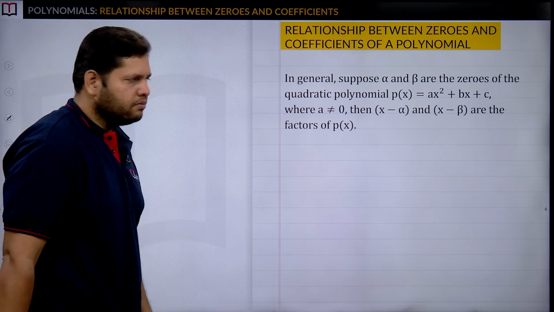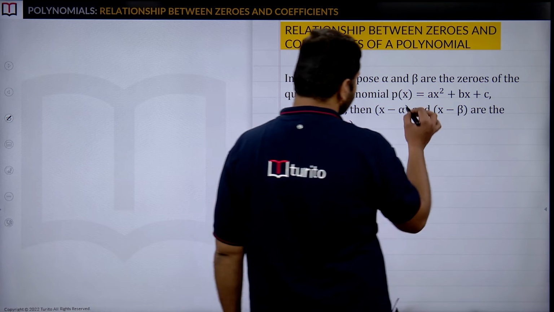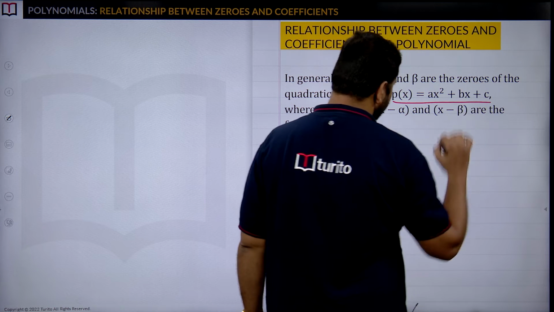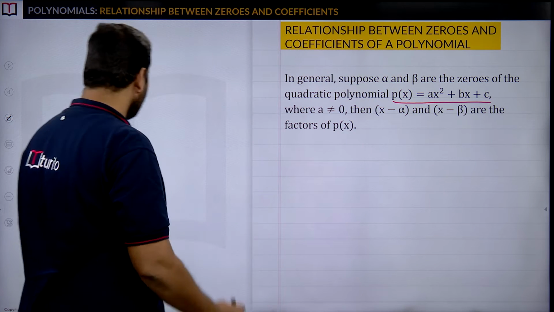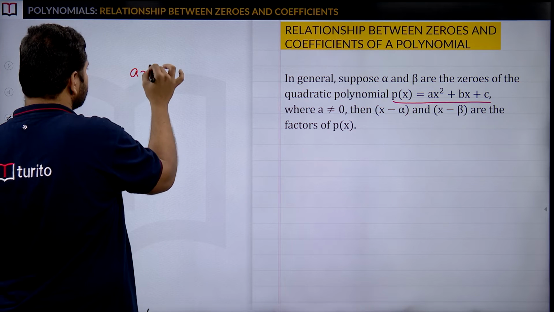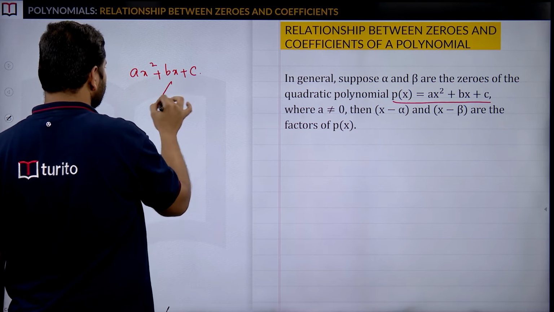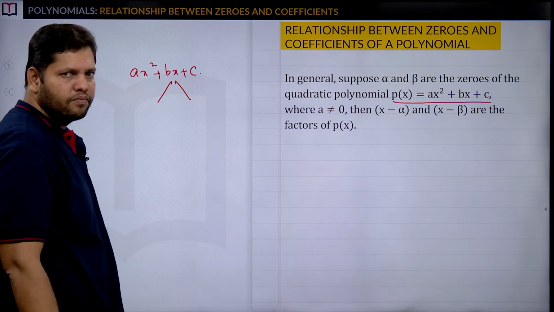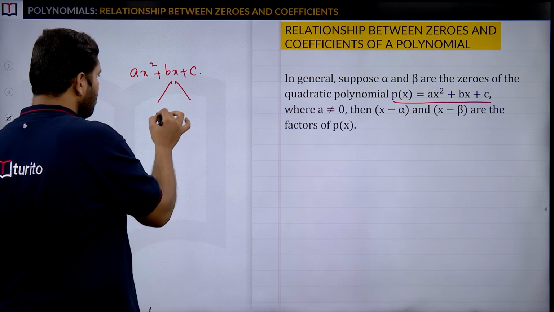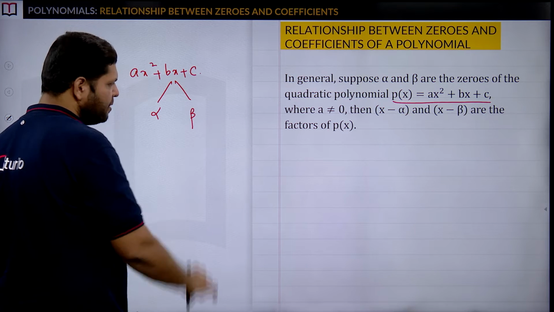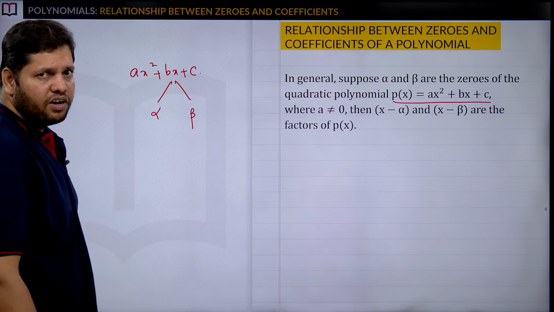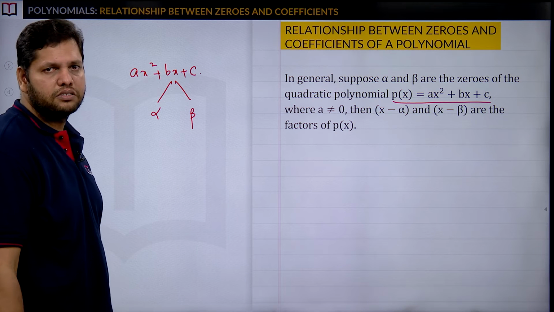Now children will do something. The given polynomial is P of x is ax square plus bx plus c. Think children, it has two zeros. One zero is alpha, another zero is beta. Children, here alpha and beta are both Greek symbols.